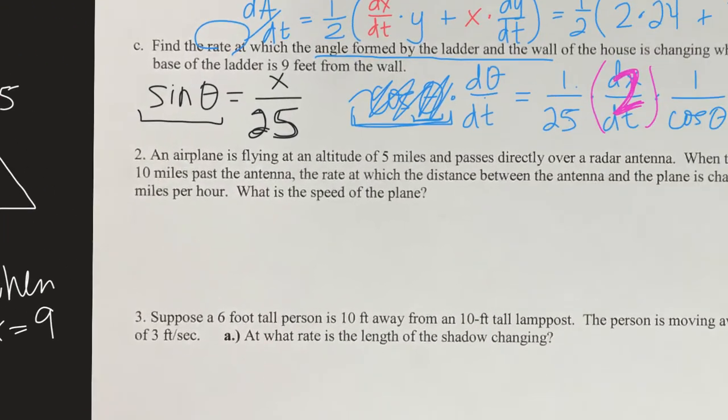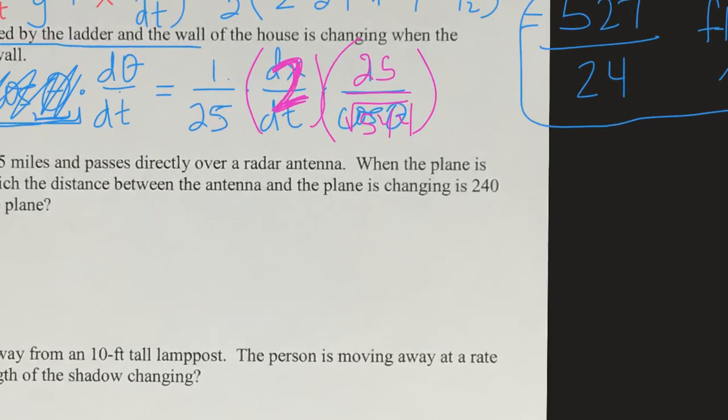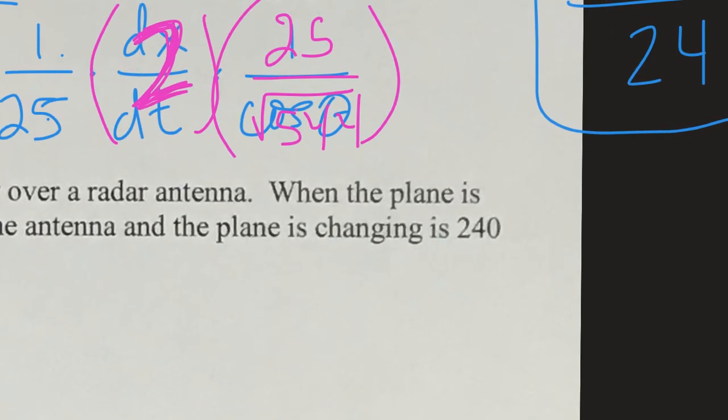So over here I have the reciprocal of cosine, which is also known as the secant. So the secant is the hypotenuse over my adjacent side. 25 over root 544. Okay, so 1 over the cosine is the reciprocal of our cosine, aka secant.